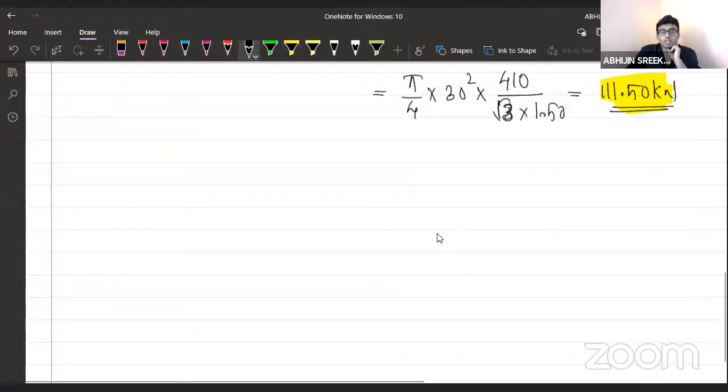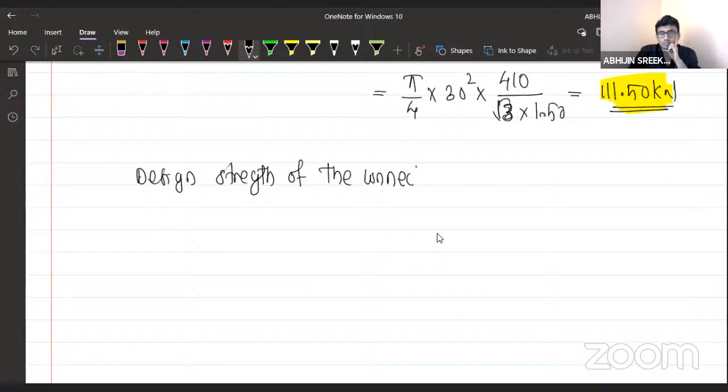Okay, very good. Then total design strength, or we can say design strength of the connection. How to calculate it? Design strength of the fillet weld, PDFW, plus design strength of the plug weld, PDPW.